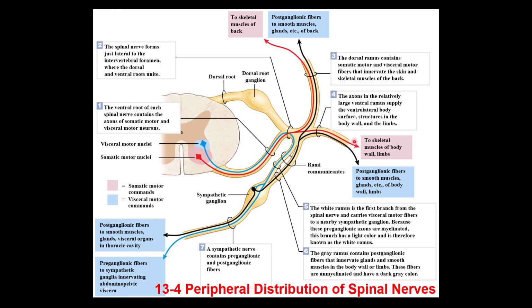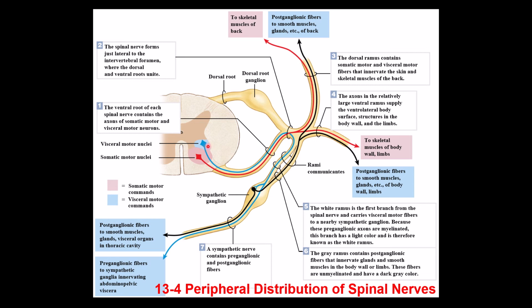It may go to the ventral ramus, which goes to the skeletal muscles of the body wall and limbs, or it may go to the back through the dorsal ramus, which goes to the back muscles. We are talking about skeletal muscle, which is conscious. So this is not difficult.